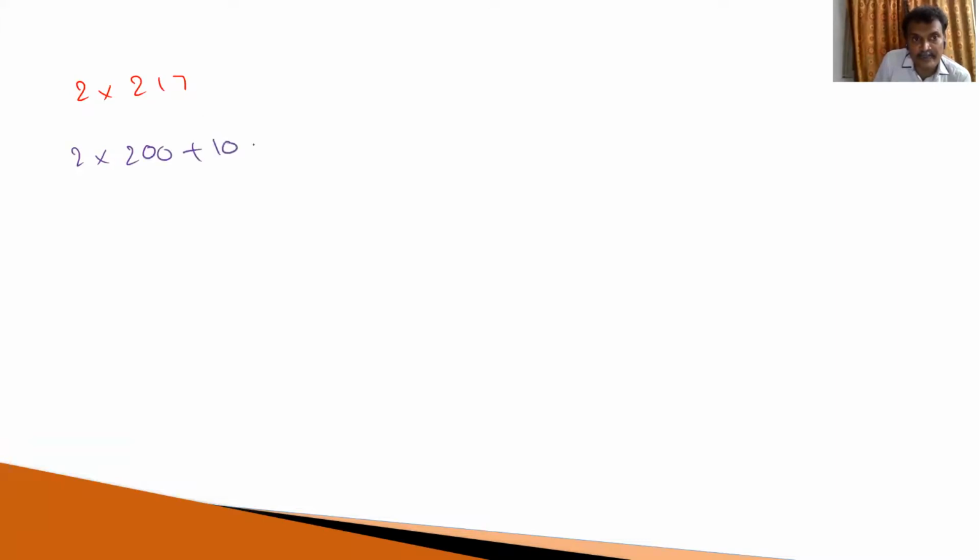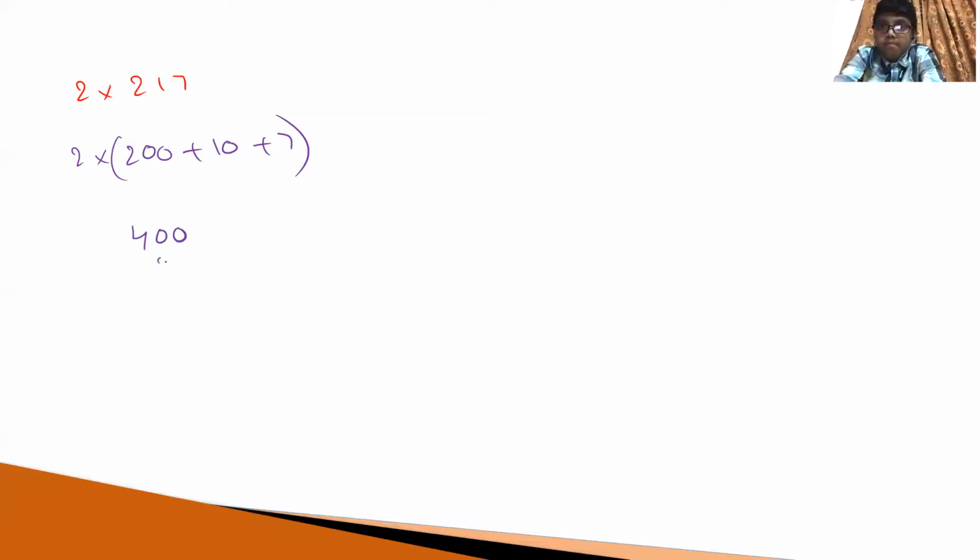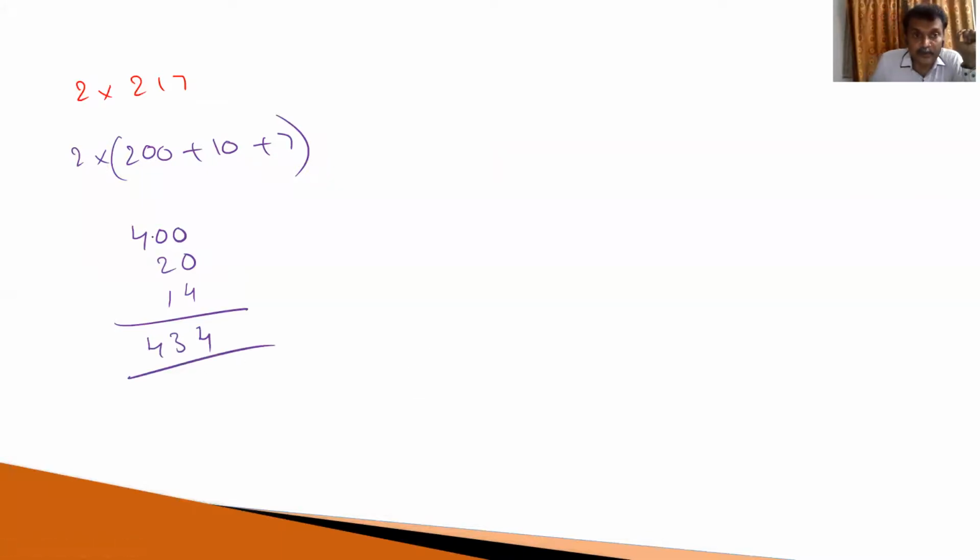What is the place value? 10 and 700. Now, what is the first step? Just multiply this 200 with 2. 2 200s is equal to 400. 2 10 times is equal to 20. 2 7 times is equal to 14. So what is the answer? 434. But all of you should calculate this entire multiplication in your mind only.